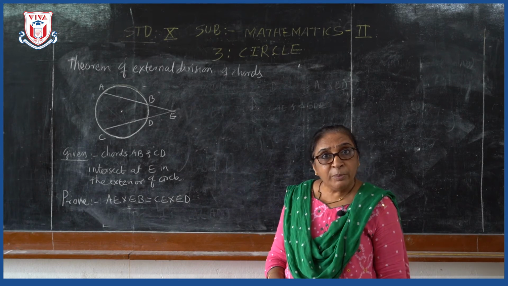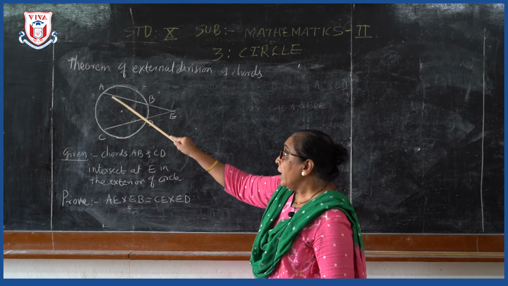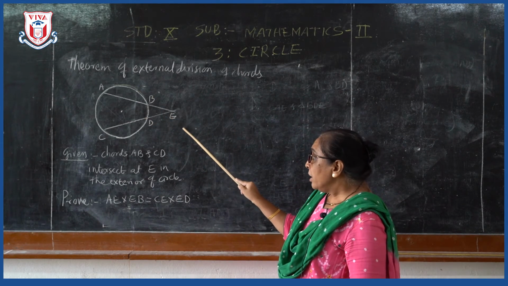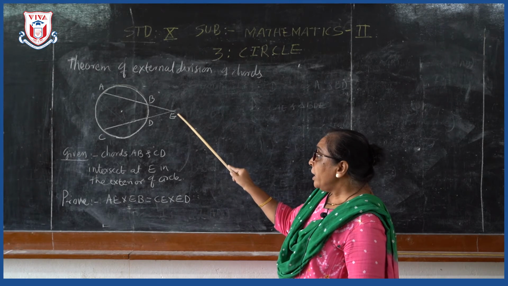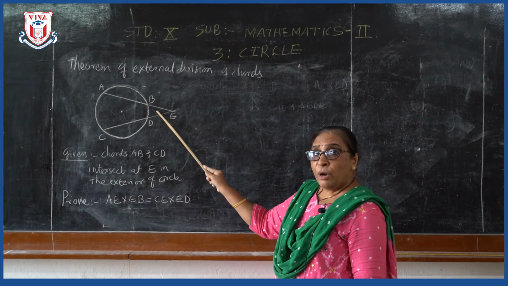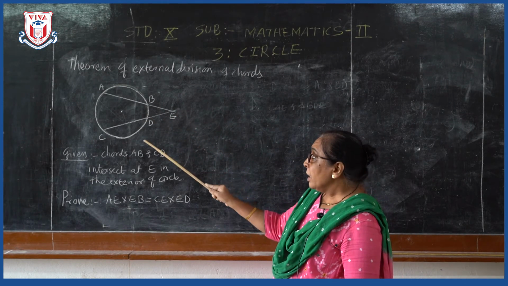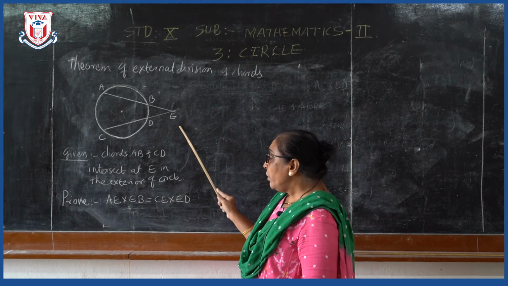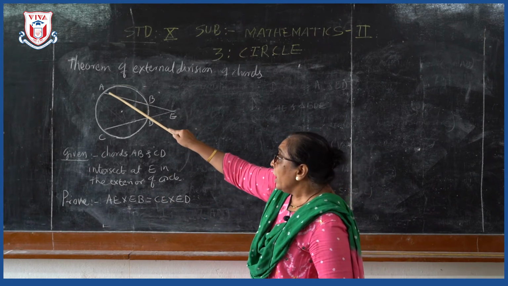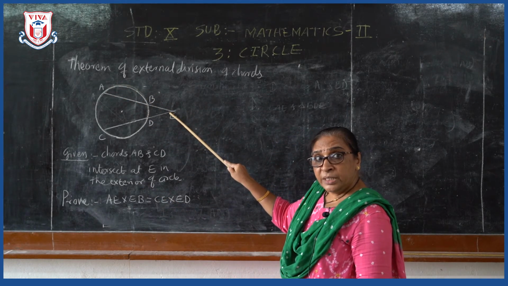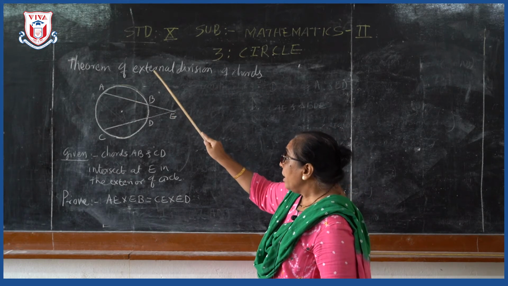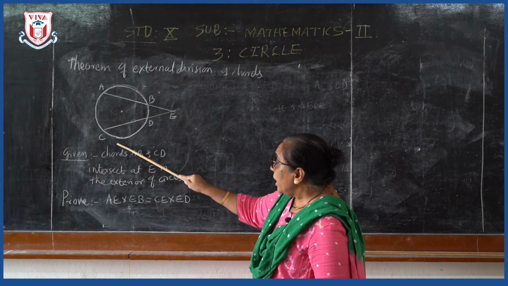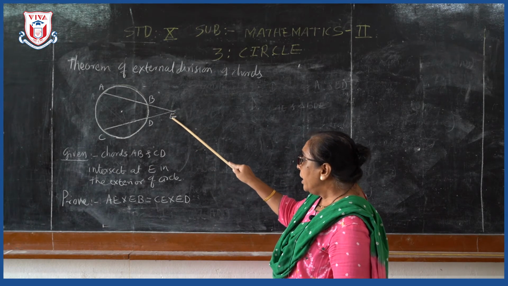In the previous one, point E was in between A and B and C and D. So here there is a main difference, that point E is beyond the points A and B and C and D, outside the circle. So here also we can say that AE, the complete segment, multiplied by BE is equal to CE multiplied by DE.